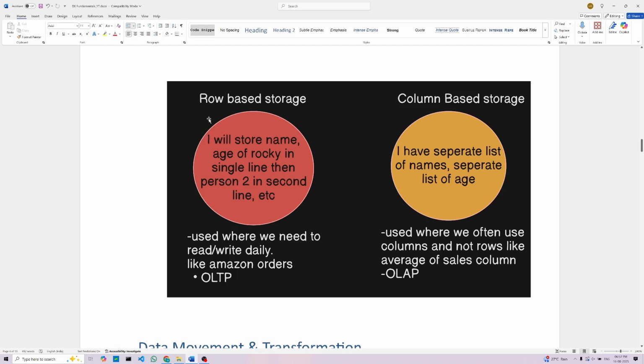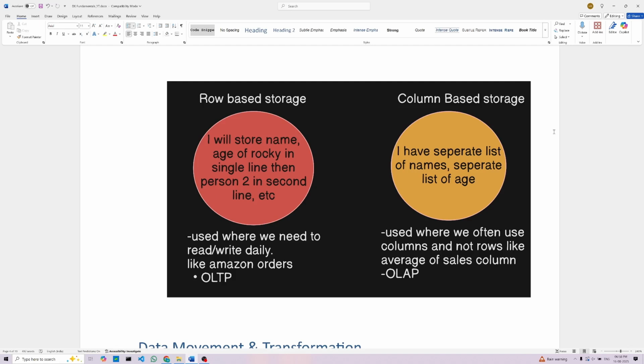So in this case we will use row based storage. And this yellow boy is saying I don't want to store in a single line, I have a separate list of names, a separate list of ages. So in this case we will use column based storage.